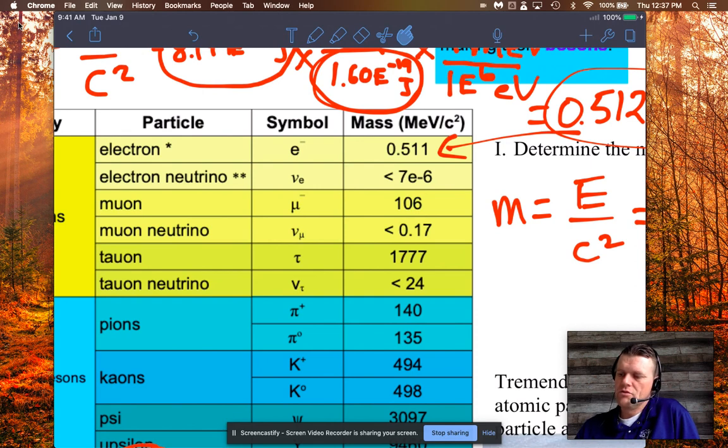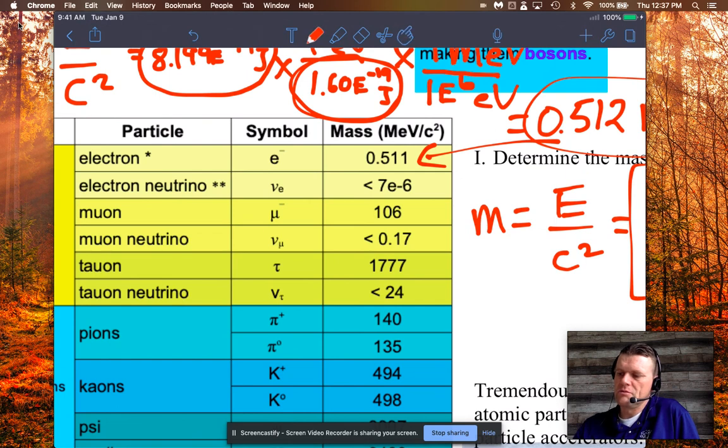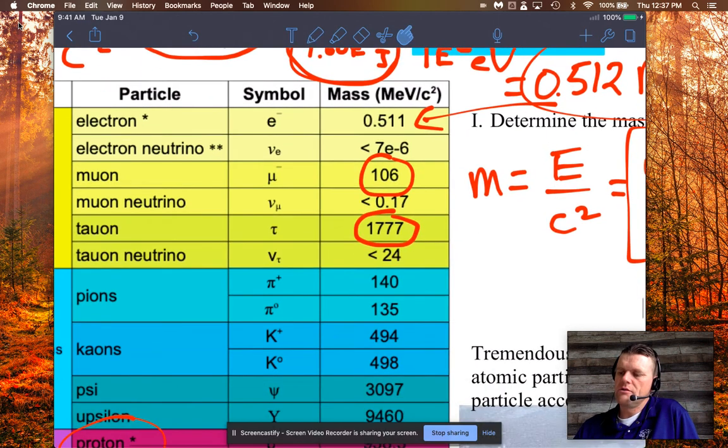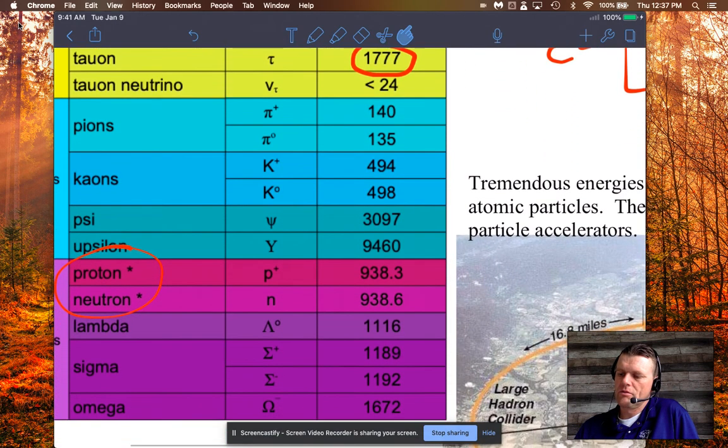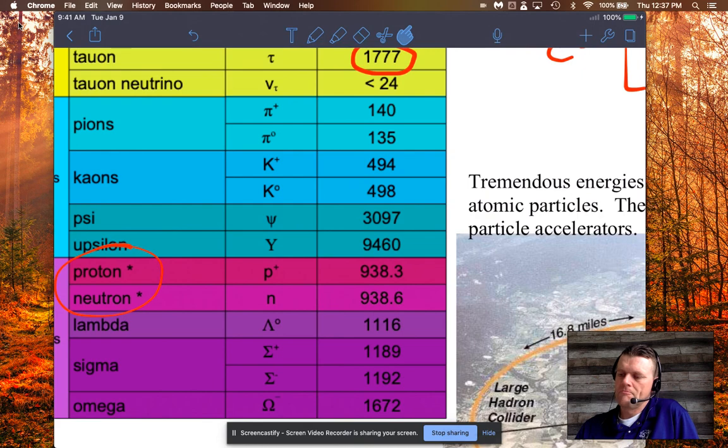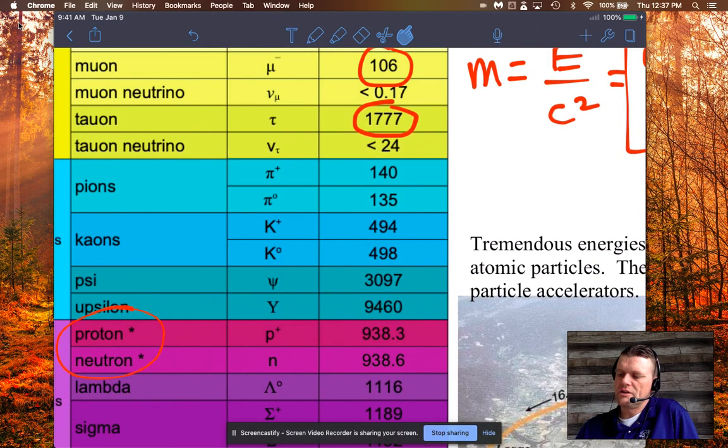But the muon is the one that's over 2 times greater than the electron. The tau, that's a beast compared to the electron. So you can start to compare all of these particles, even the proton and the neutron, relative to all the other particles. It's easy to see their size.